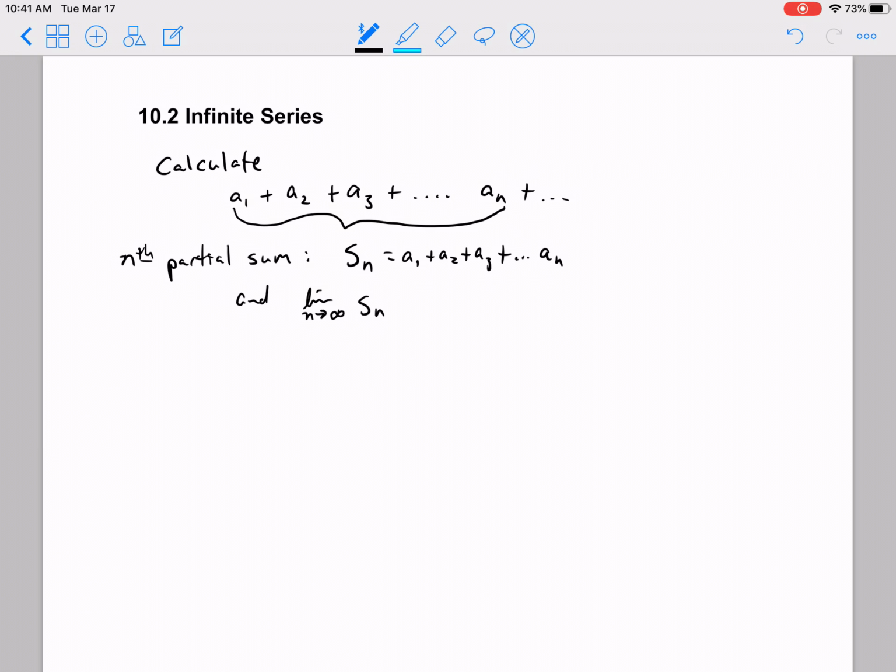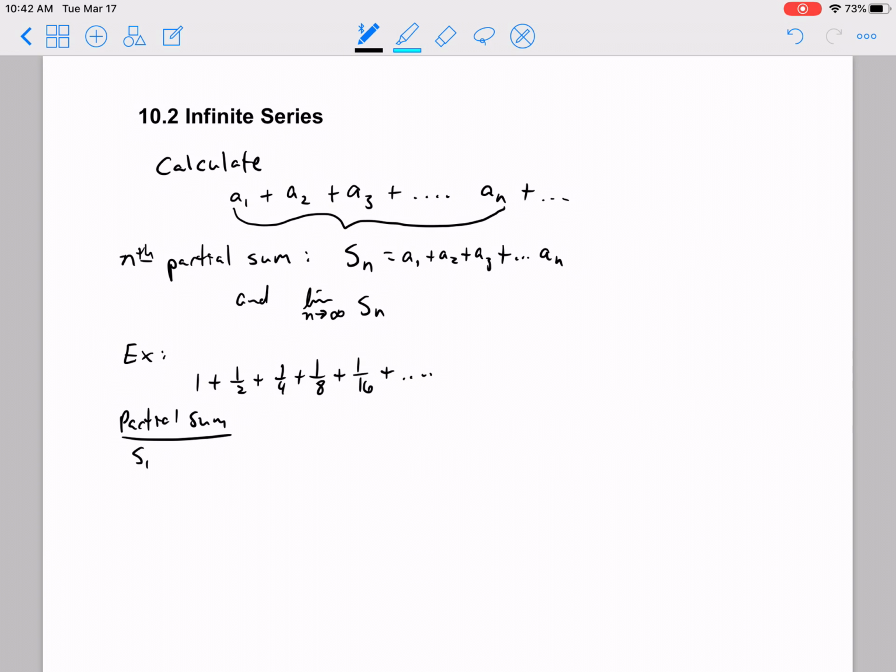An example of that would be something like 1 plus 1/2 plus 1/4 plus 1/8 plus 1/16 plus dot dot dot. And if we're looking at that, we can do some partial sums.